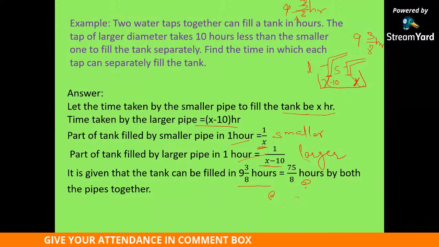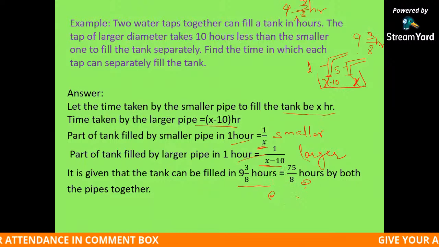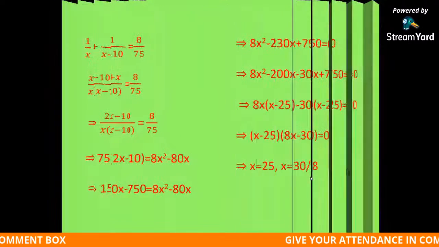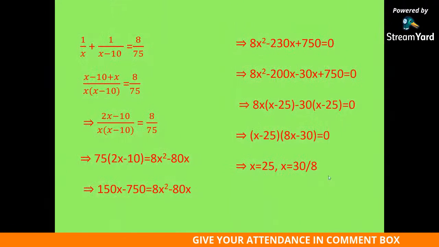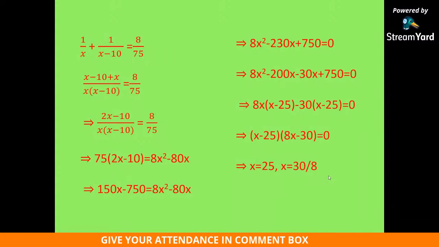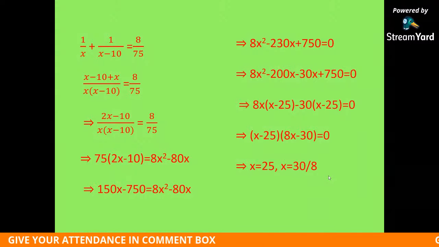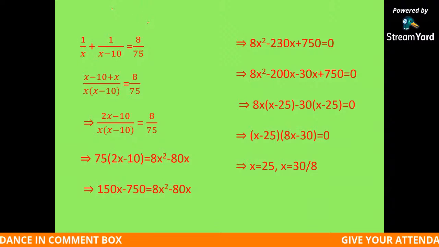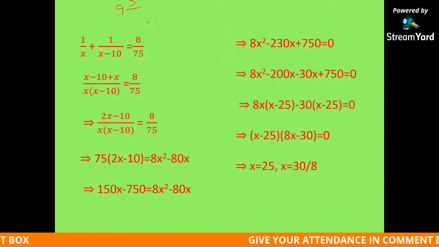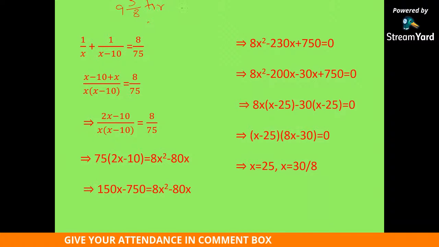If you write it as an improper fraction, it will become 75 by 8, right? Then when both pipes are operating together, 75 by 8 hours is the time taken to fill one tank.